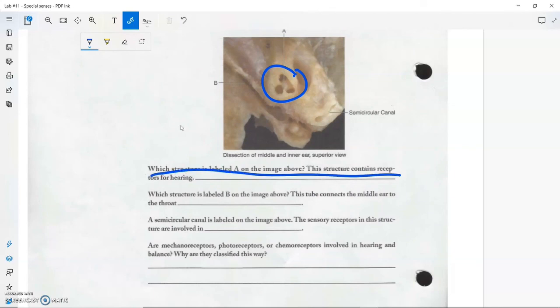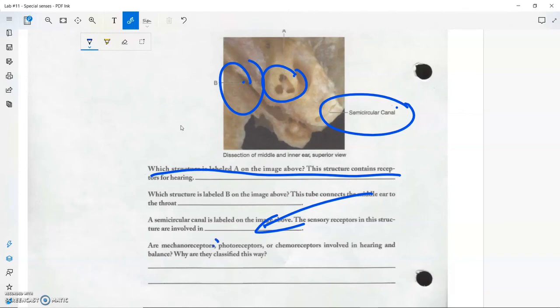B is the tube that connects the middle ear to the throat, the pharyngotympanic tube. Semicircular canals are involved in what's called dynamic equilibrium, sensing the rotational movements of the head. In hearing and balance sensation, receptors essentially detect the movement of liquid, those are mechanoreceptors.